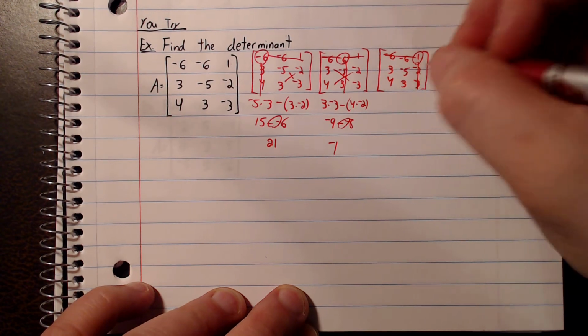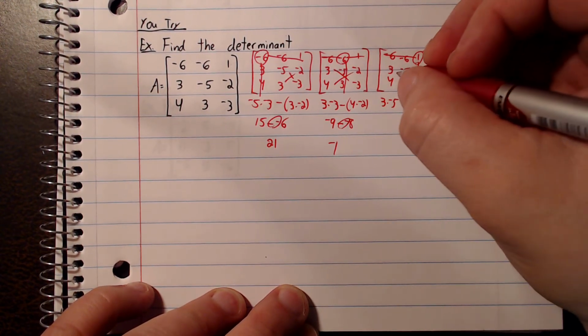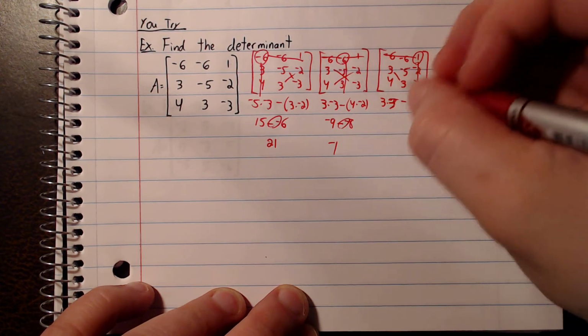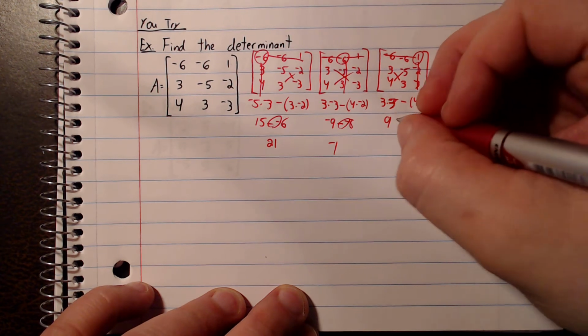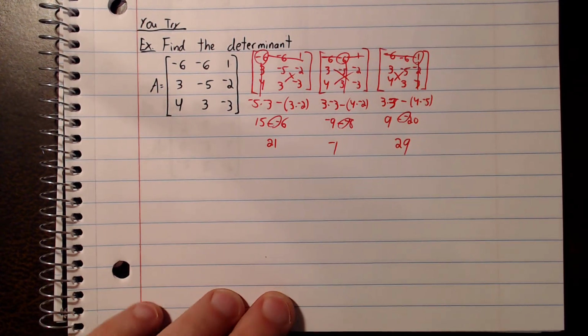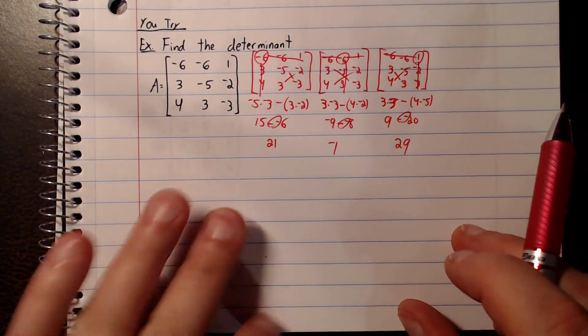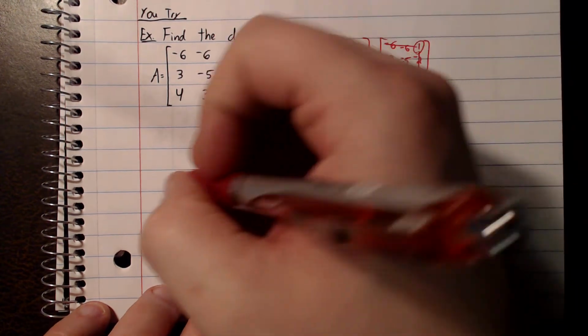Our final entry. Oops. I got 29. Okay, so these are just the top row. If you do this on your own, hopefully you did the top row.